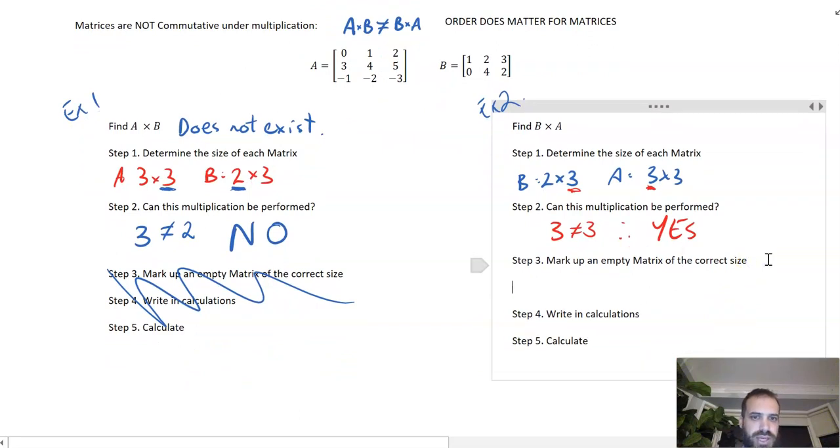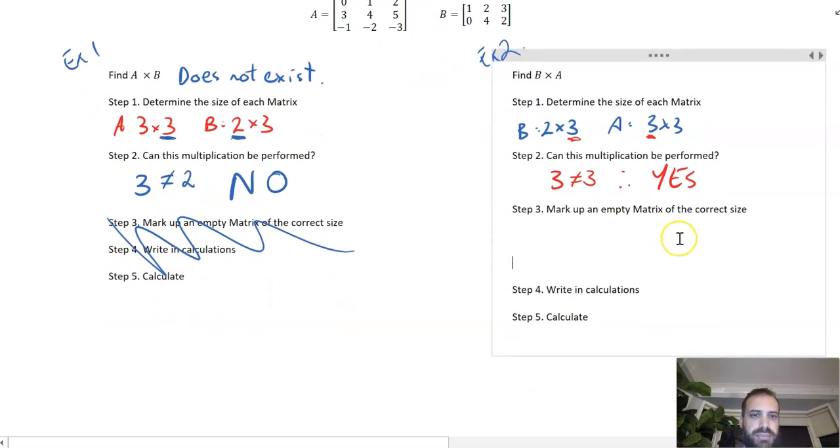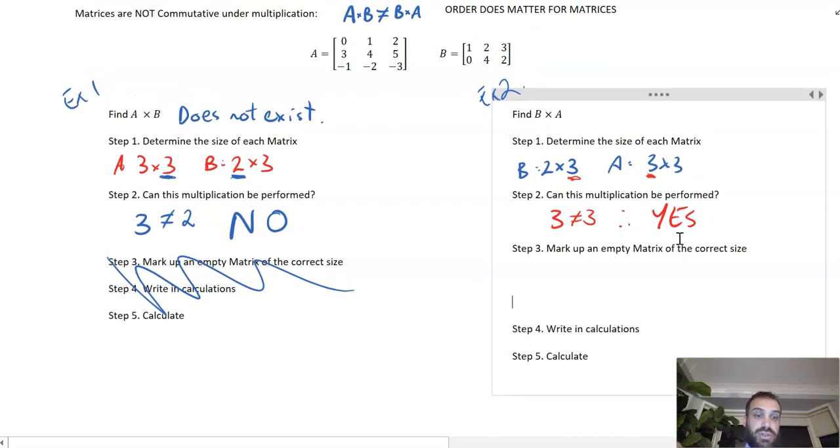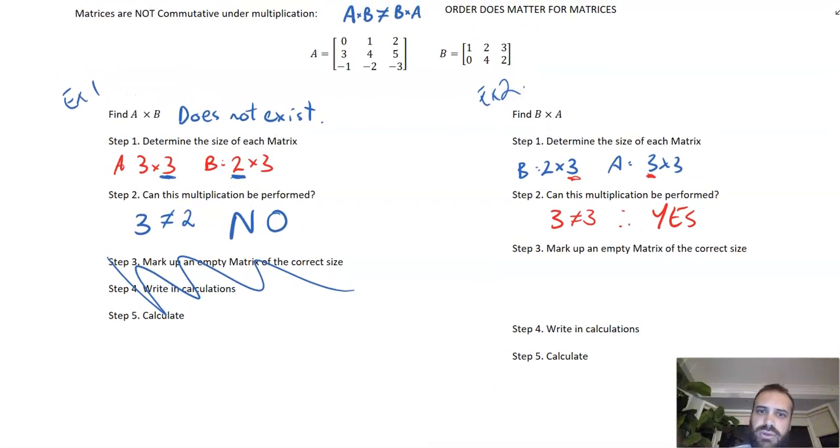All right, so what's my next step? Mark up an empty matrix of the correct size. Now, what's the correct size? Look back at where we've marked up our matrix, and use that as our guide. The outer numbers, the rows of the first matrix and the columns of the second matrix, tell us the size of our new matrix.